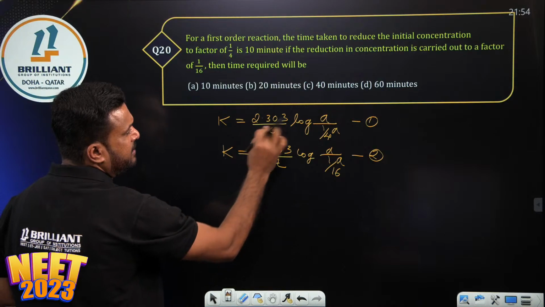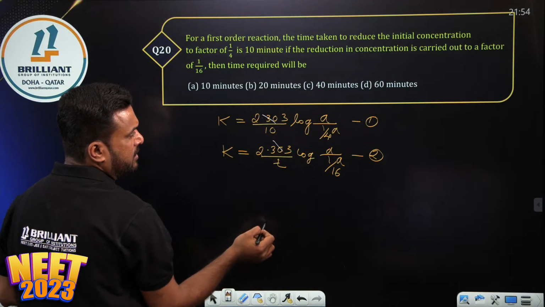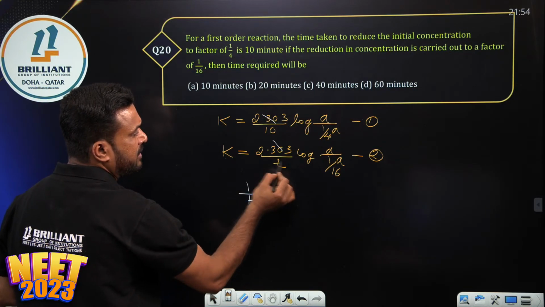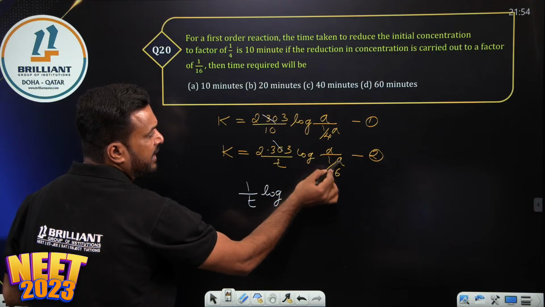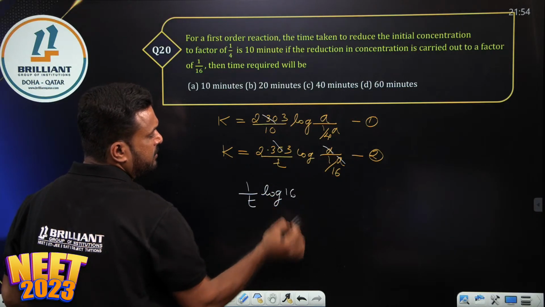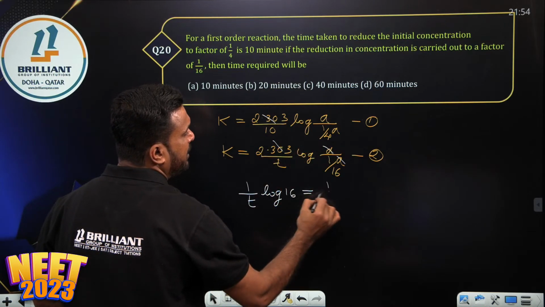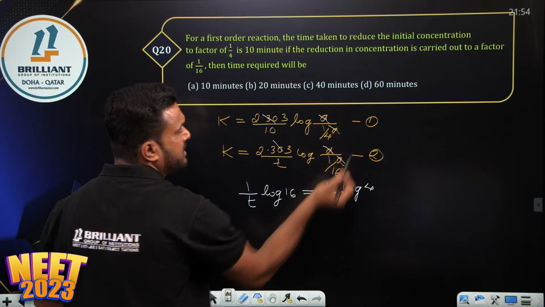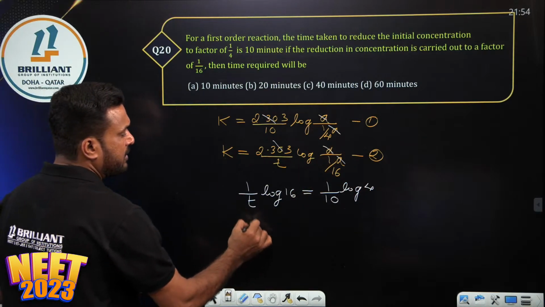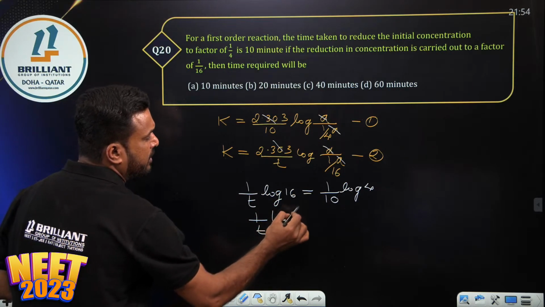The left hand sides are the same, so 2.303 will cancel. So I can write 1/t log 16, A will cancel, 16 will come in the numerator, is equal to 1/10 log 4. A cancels, log 4. Hope you got it. Then 1/t log 16 can be written as log 4 square, correct?